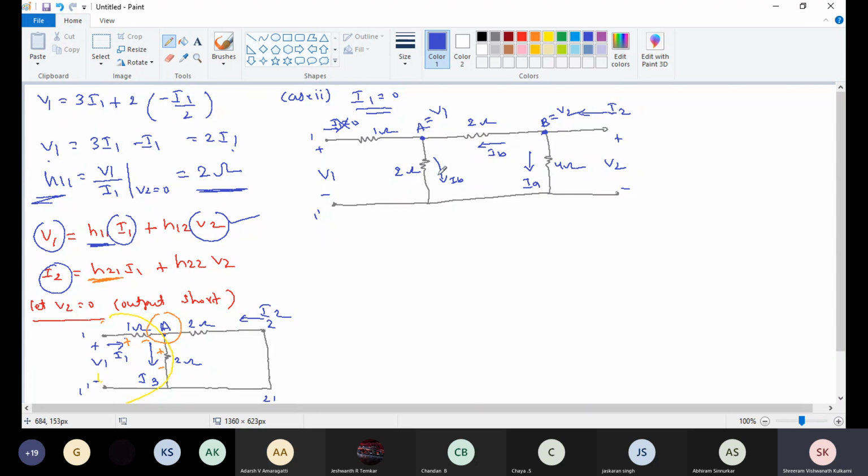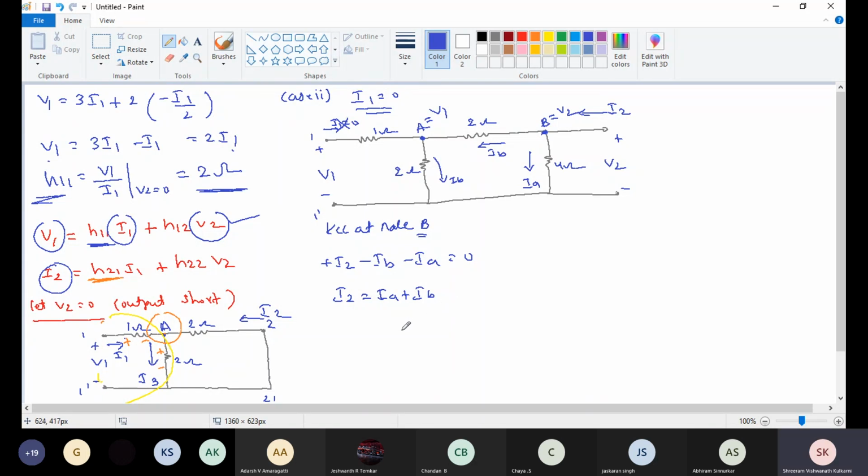Now I can write KCL at node B, that is plus I2 minus IB minus IA equals 0. That is I2 equals IA plus IB.